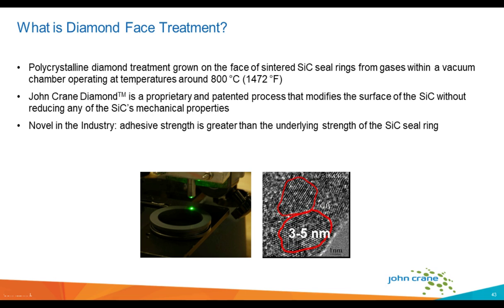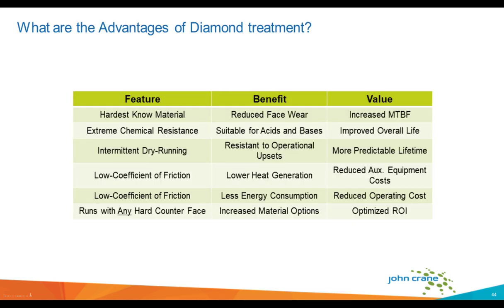So you will actually scratch the substrate surface before you actually remove any of the diamond face treatment from the surface of the seal ring. So very strong and robust material and adhesion to a substrate.